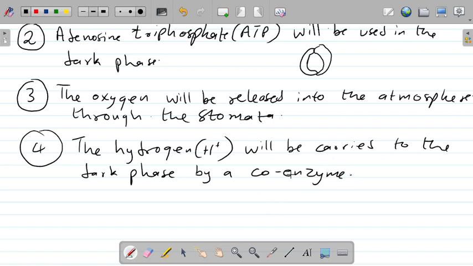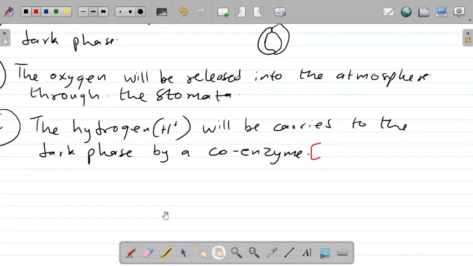A coenzyme. I want to ask you, Zodiac, what is a coenzyme? Because you did this last year when we were doing organic compounds, when we were doing enzymes. What is a coenzyme?